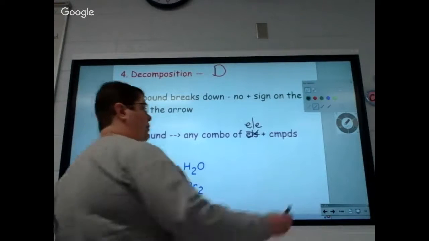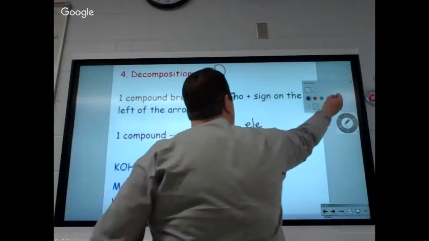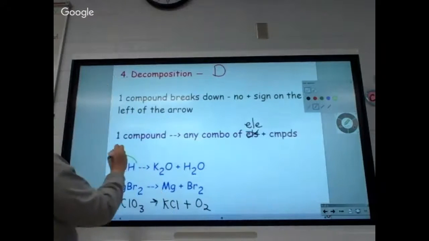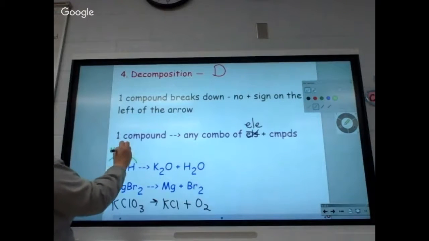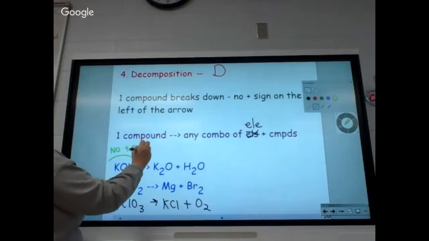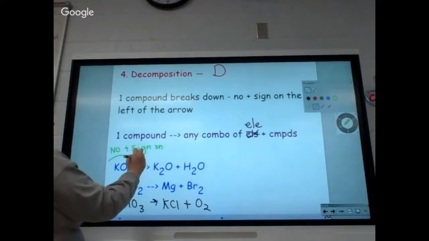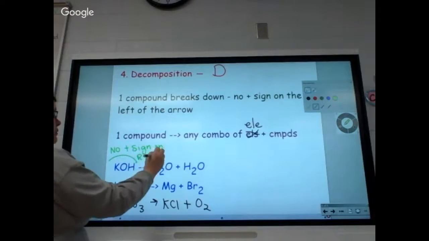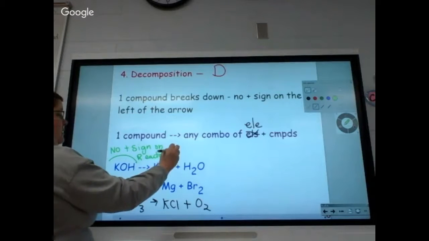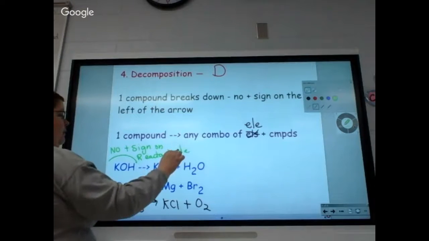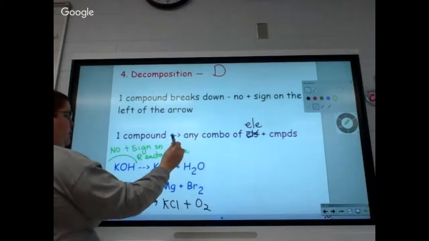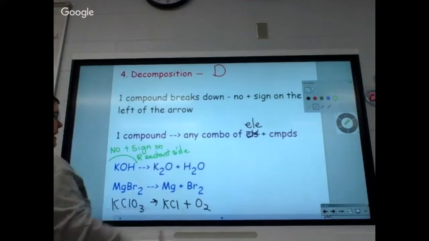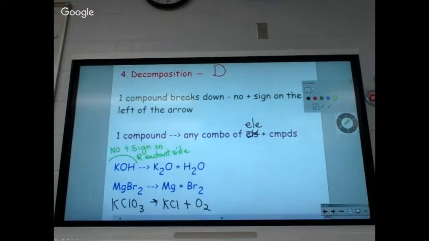On the left side, okay? So this time, there's no plus sign on the reactant side, okay? So there's no plus sign on the reactant side.